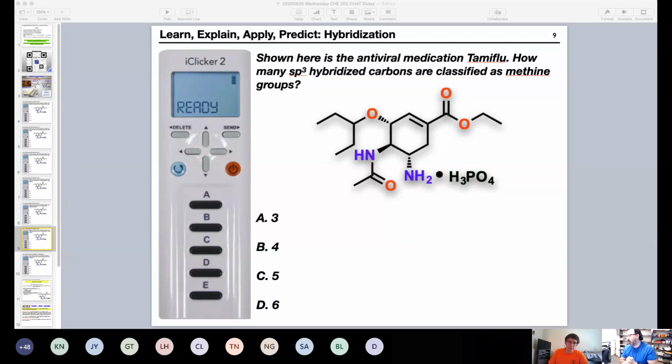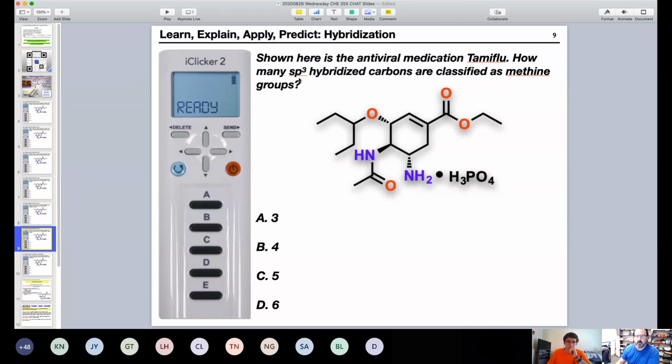So it's CH. So again, we're only considering sp3 hybridized carbon. So by my count, the correct answer should be 4. So 1, 2, 3, 4.